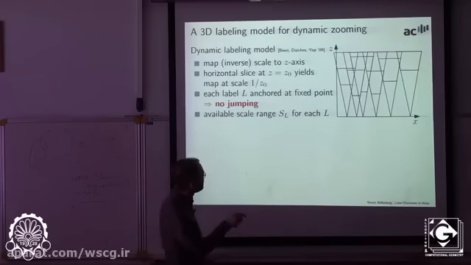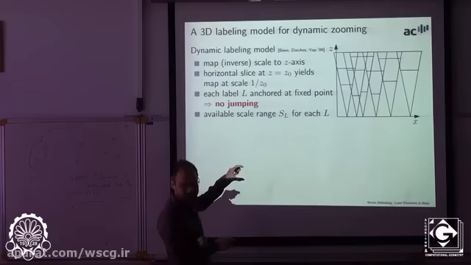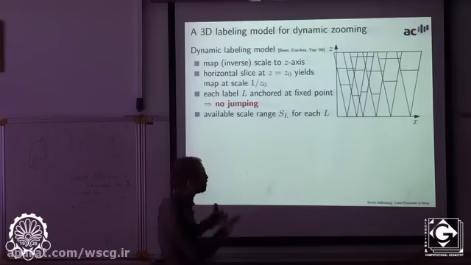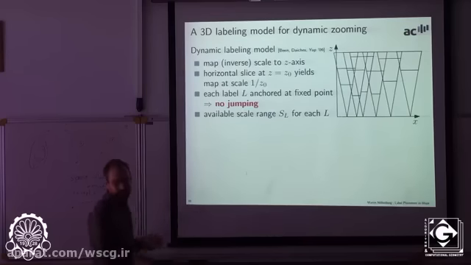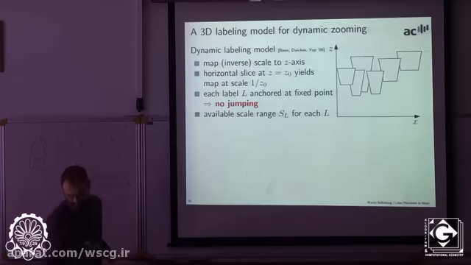And this we can model by having a vertical interval of when a label first becomes available and when it should no longer be displayed. If you don't have this extra information, then you can show every label all the time. But if you have it, you get these trapezoids that show when the label might be selected. So you can take away the rest.